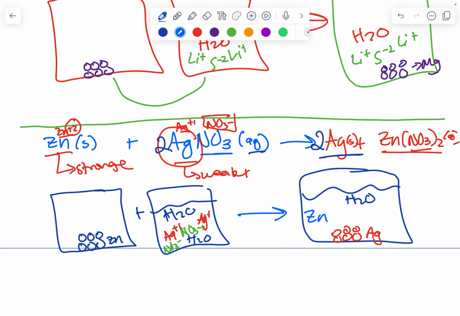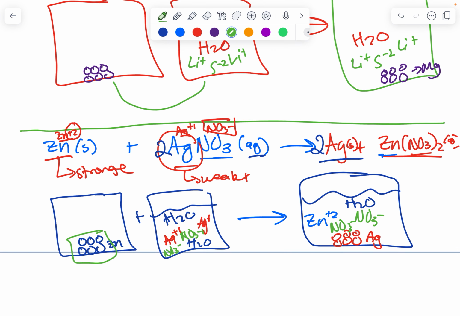So Zn would be a +2 charge. There's only 1 of them. And then NO3, we'd end up drawing 2 of them because it has NO3 times 2. And this is what this beaker would look like. So you'll notice what we started with and what we ended with are different substances. And so this shows us that a reaction would take place.